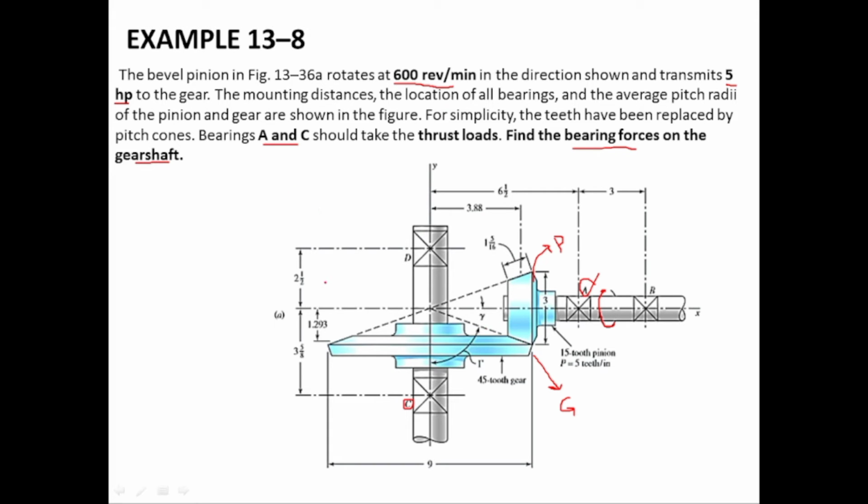These distances are used in the calculation, so you should remember them. The force is exerted at the point G. This is R1, this is R2 radius, and the distance between the central axis of the gear shaft to the point G is equal to R average, which is 3.88.